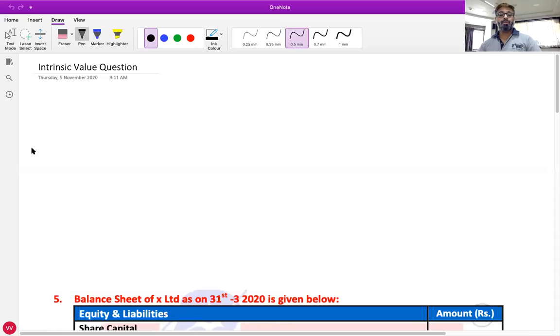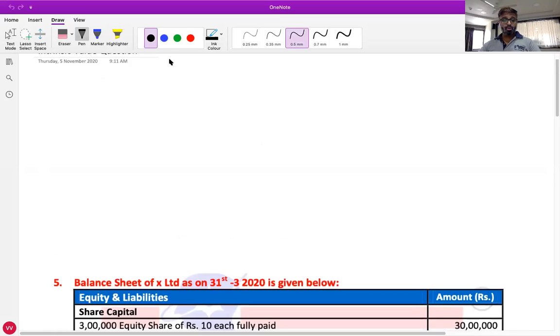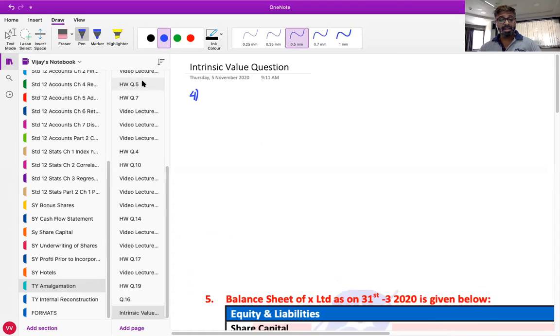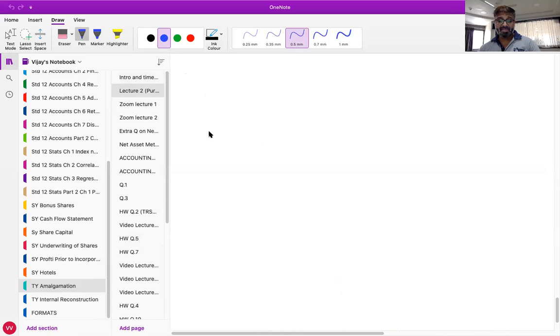Okay. So first, all of you write down in the notebook: intrinsic value method. That is the fourth method of purchase consideration. If you remember, we discussed the four methods in the beginning, and I told you if it is done in college, then we will take it up later. So in the first lecture itself we discussed those things, but we did not take it up.